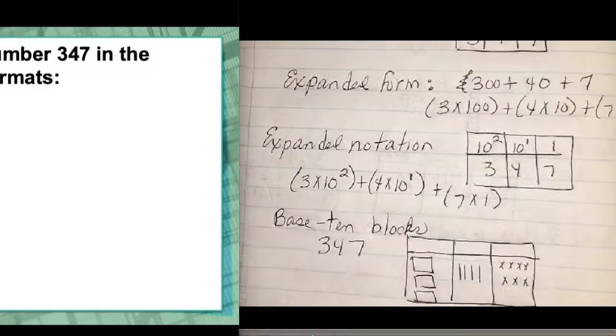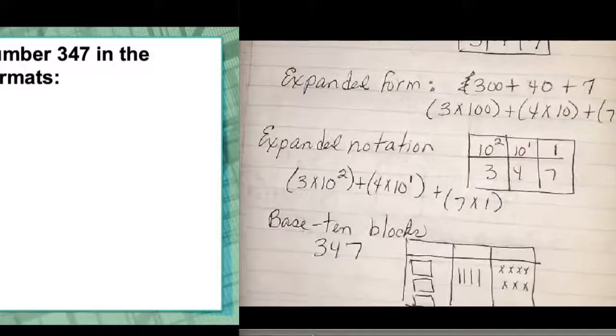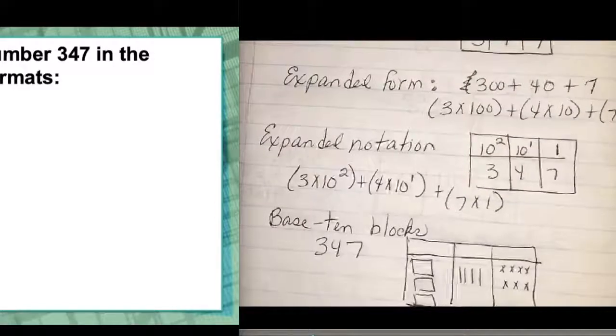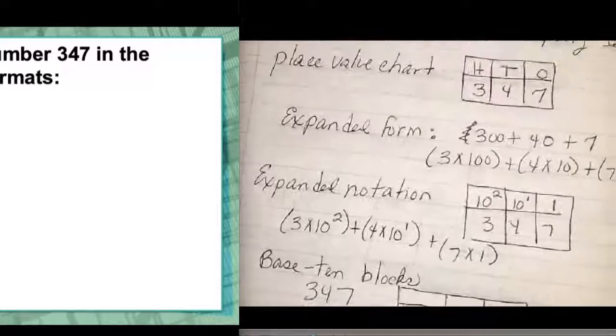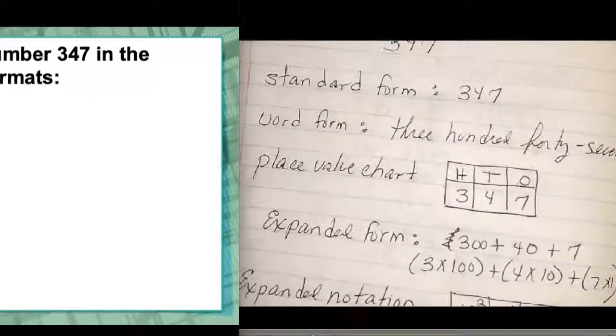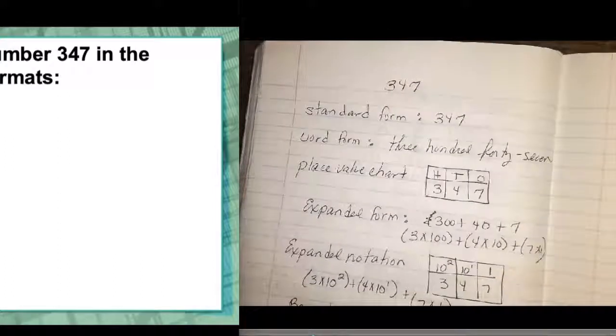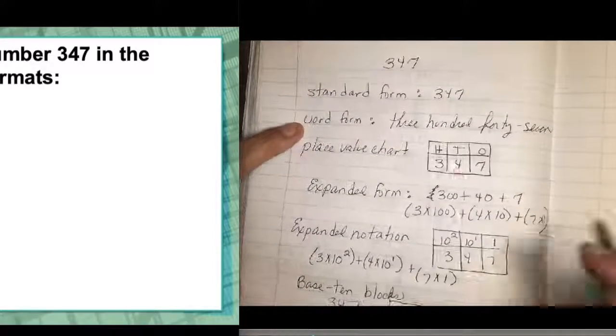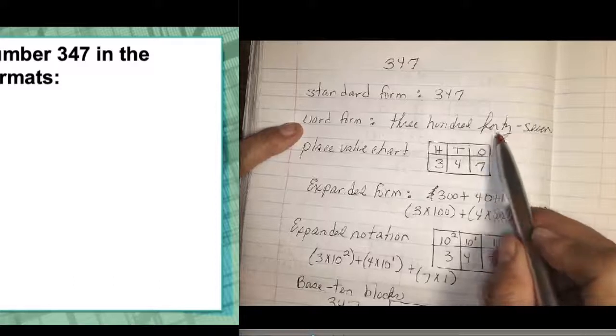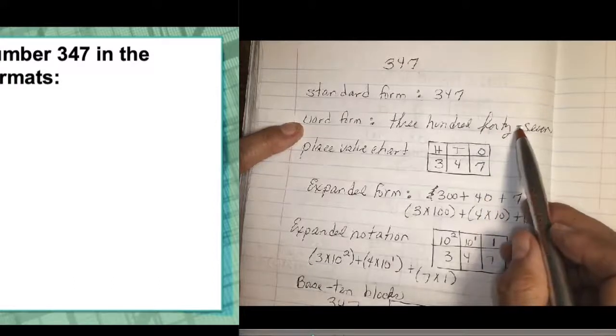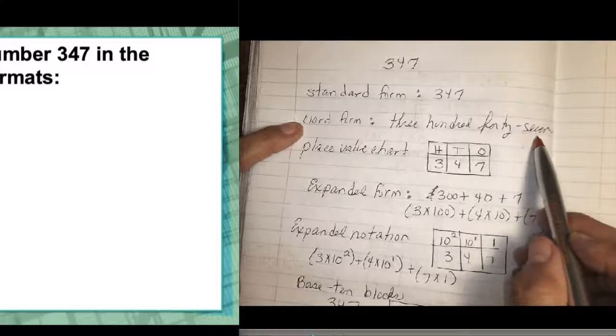Base 10 blocks. So we have done the number 347 in the following formats. So we have standard form, which is 347. In word form, 300, and we spelled out the forty with the O. We put a hyphen, so forty-seven.